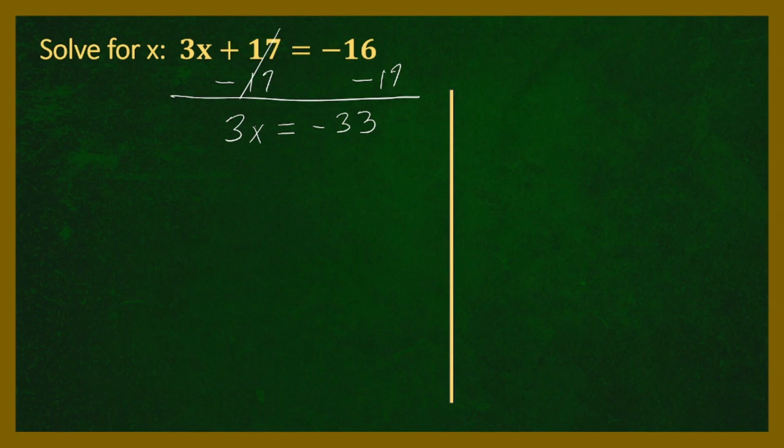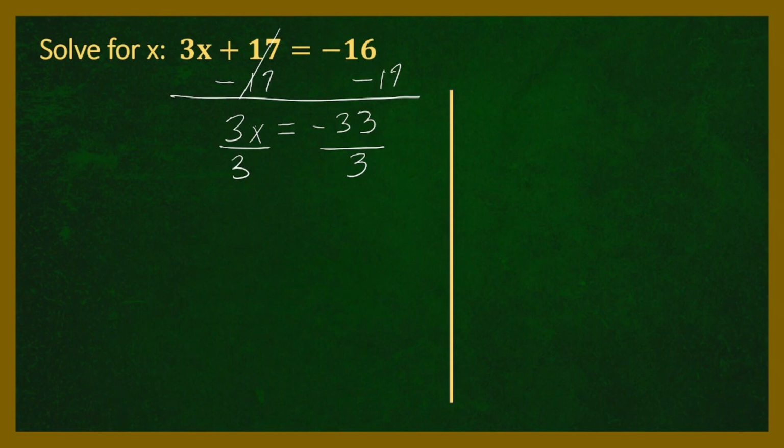Now we are going to solve for x, and we do that by dividing by the coefficient, which is 3. We must do that to both sides, given this is an equation, and equations must remain balanced or equal. So on the left side, we have 3 divided by 3.